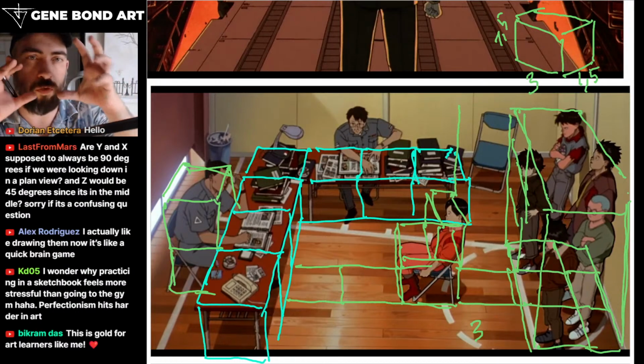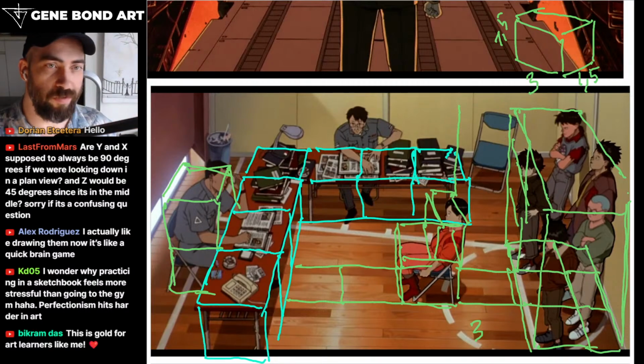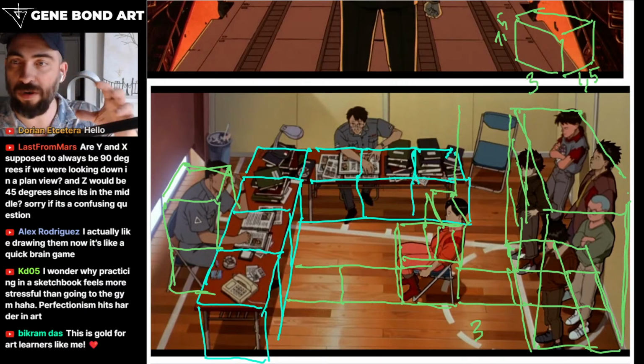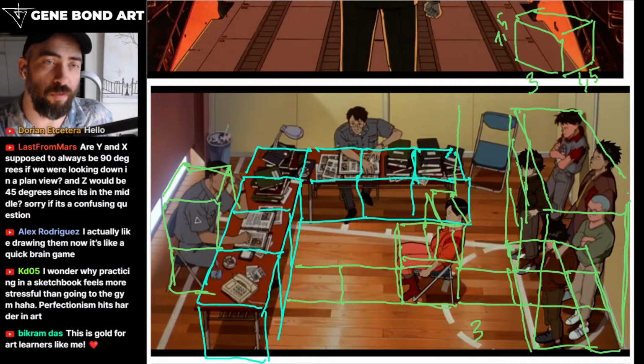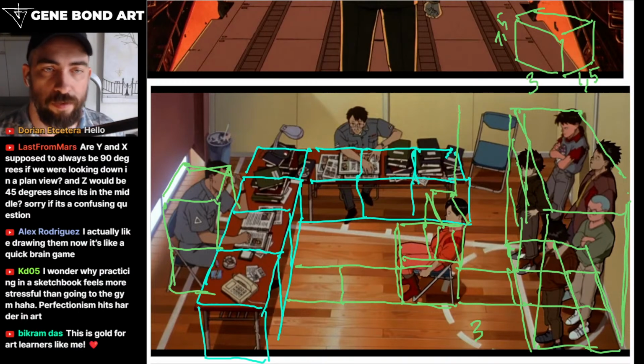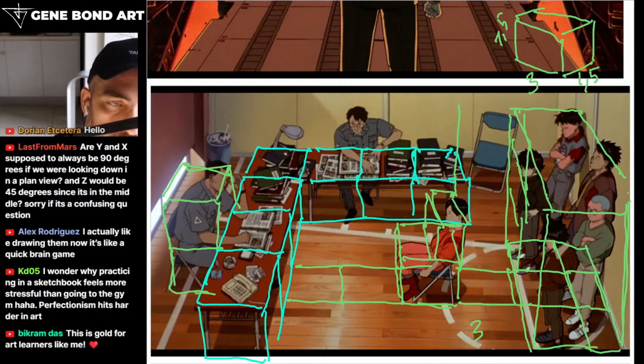It solves all this mathematical dread you have when you think, oh, how can I measure all these proportions in perspective from a different angle? Solved. Let's see. Solved.